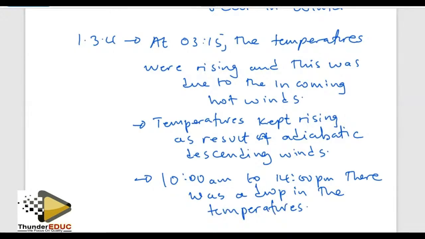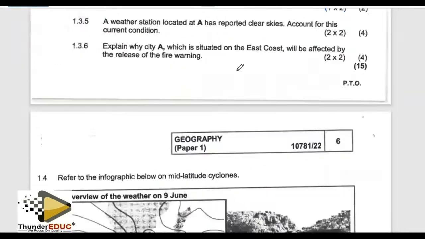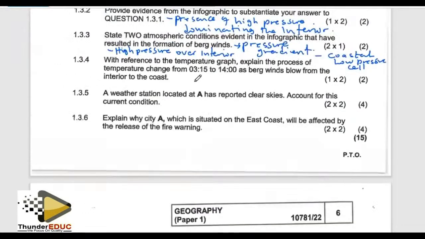Okay. Let's go back to our page. So now that was question 1.3.4. For 1.3.5, they say a weather station located at A has reported clear skies, account for this current condition.